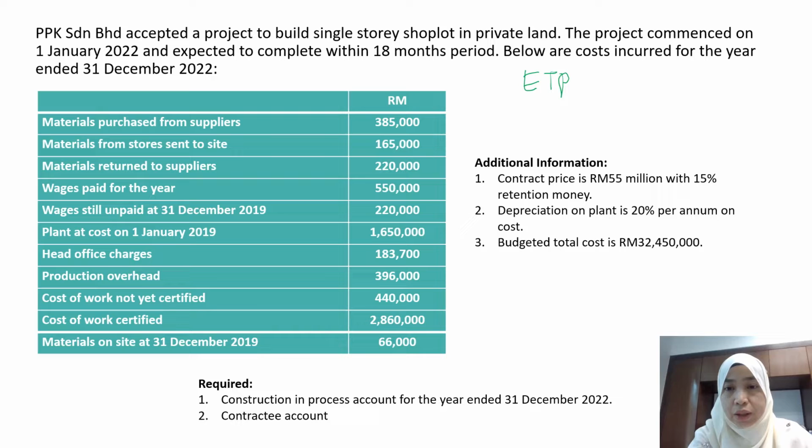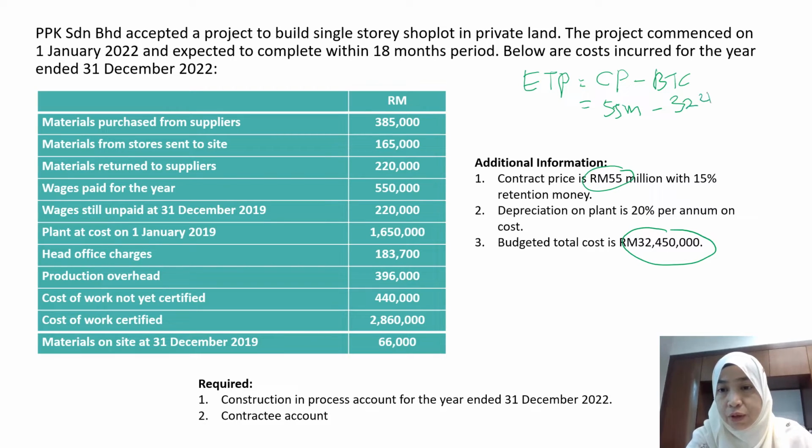Estimated total profit is equivalent to the budgeted contract price minus the budgeted total cost. So the budgeted contract price in this case is 55 million, and then we minus the budgeted contract cost, 32,450,000.